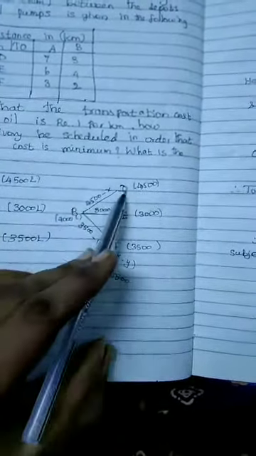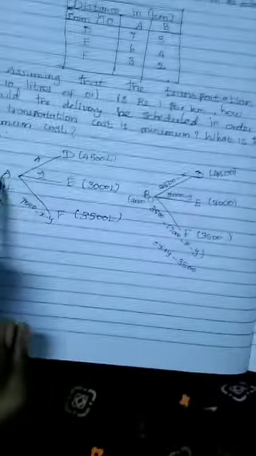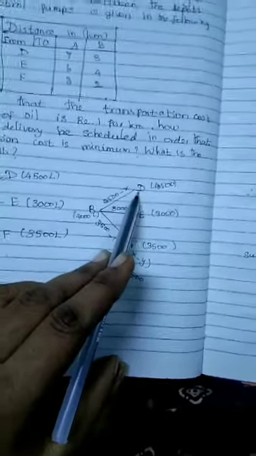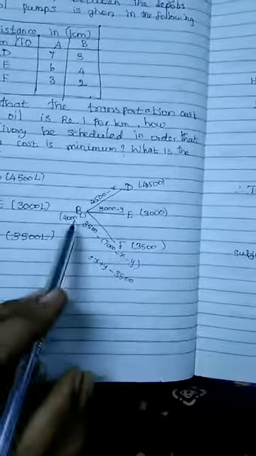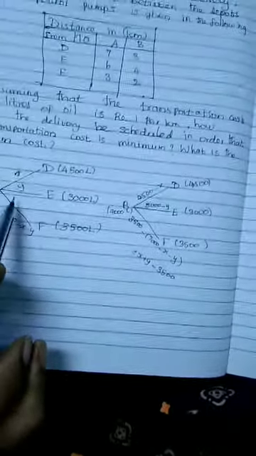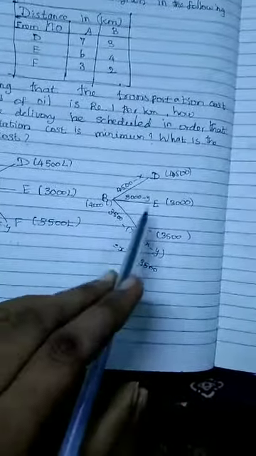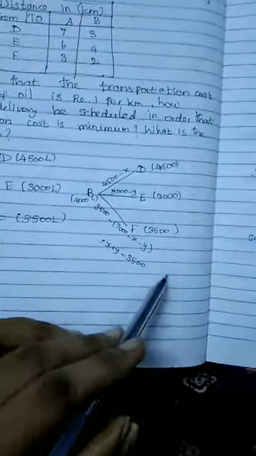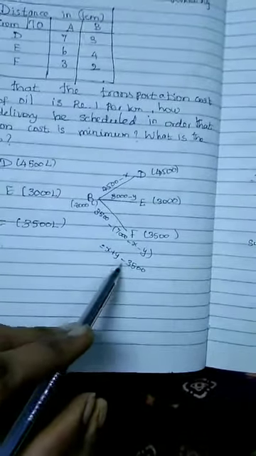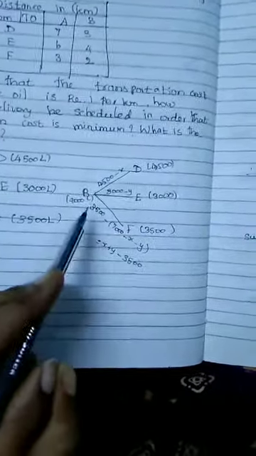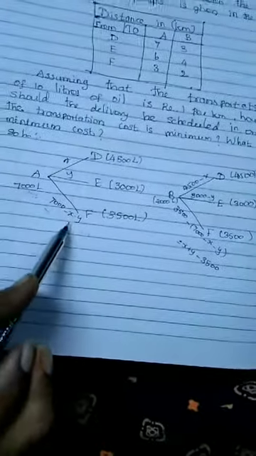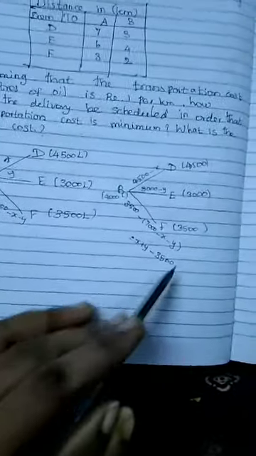For B to D, already X is delivered from A, so 4,500 minus X. For E, already Y is transported from A, so 3,000 minus Y. For F, 3,500 minus (7,000 minus X minus Y), so finally I get X plus Y minus 3,500.